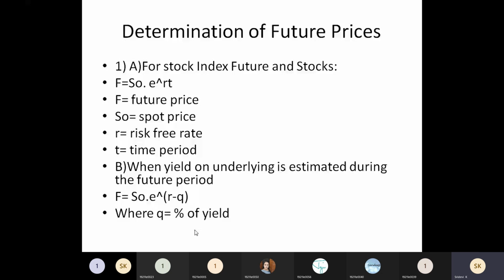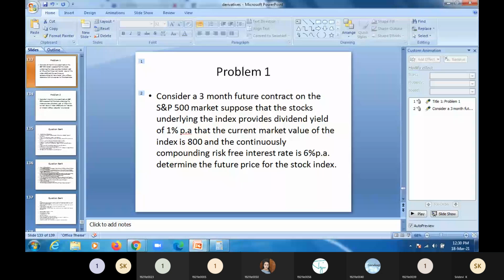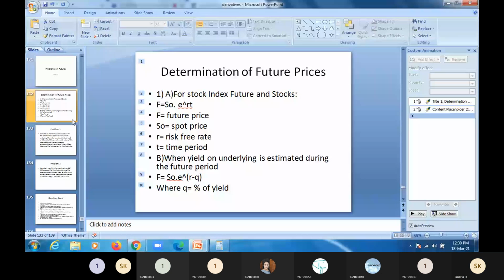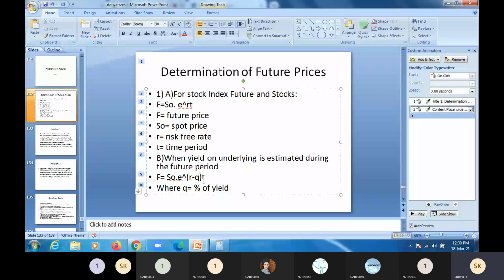If the percentage of yield is given, then you use this, and I missed T here, you need to multiply by T. I missed T in this formula, which I am inserting now. See here, you have to take R minus Q, into T. You use this formula when yield is given in the problem.